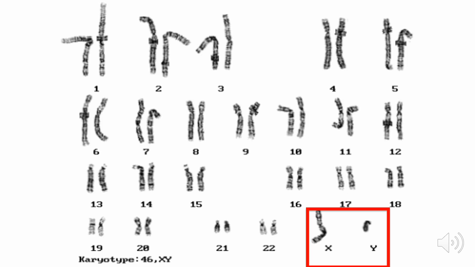So take a look at the last pair of chromosomes. Please appreciate that they are labeled X and Y. So that will give us an idea that all of these chromosomes were taken from a male person. So the last pair of chromosomes are referred to as sex chromosomes because it will give us an idea of the sex or gender of the patient.